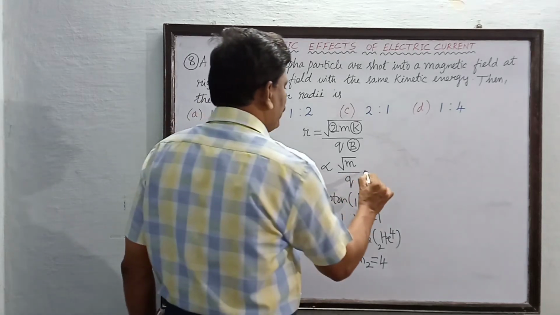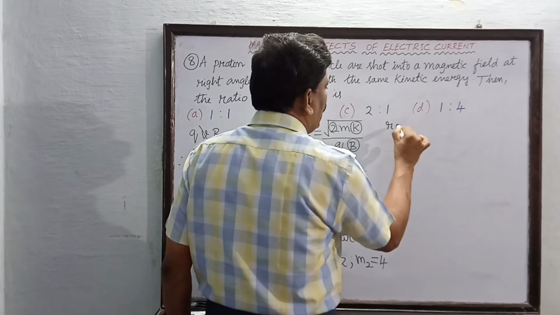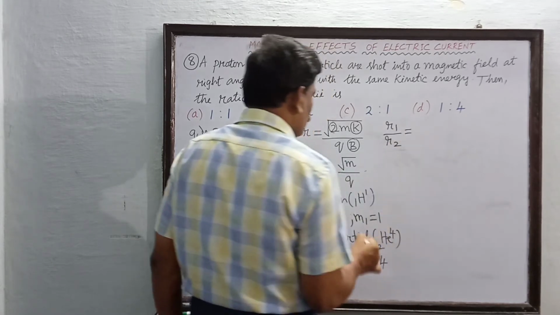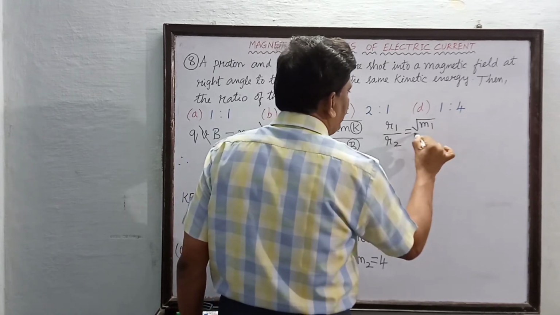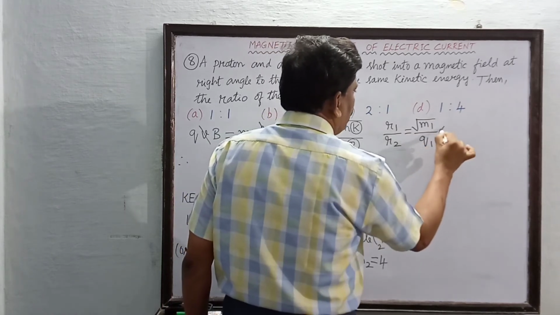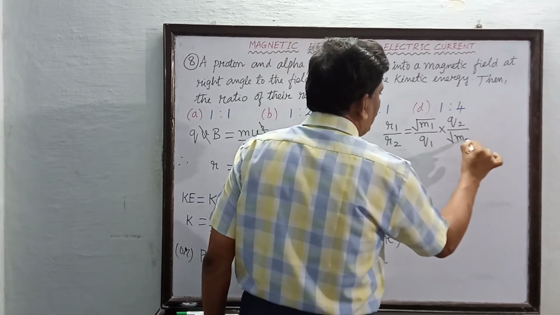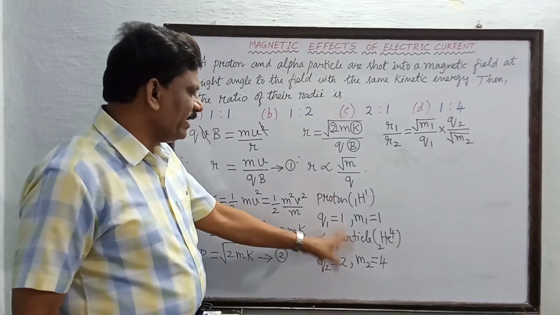So in this expression, R1 by R2 is now equal to square root of M1 divided by Q1, into Q2 divided by square root of M2. Now I am going to substitute these values.